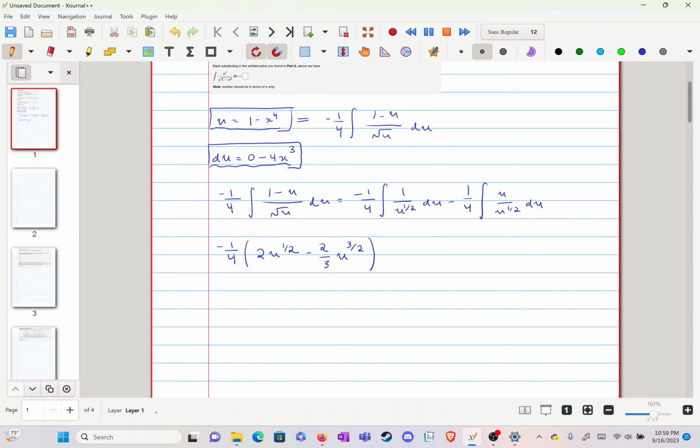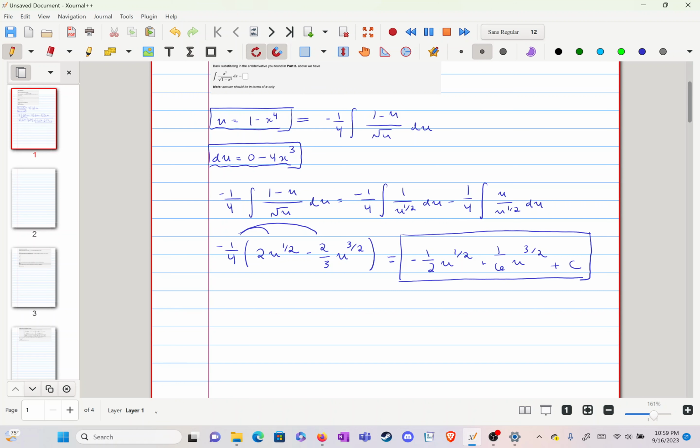That's our 1/4, so now we have to apply 1/4 to both parts. Distribute that. That's going to give us negative 1/2 u to the 1/2 plus negative 1/4 times negative 2/3 is 1/6 u to the 3/2. We can't forget our plus C because it's an indefinite integral. And that's going to be our answer to the third part.